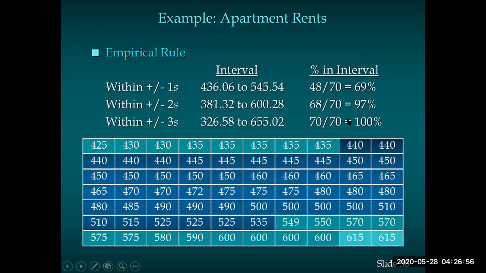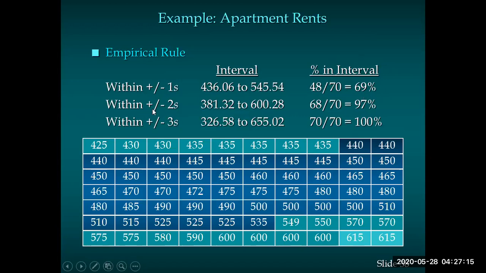On the same example, this is applied now. You can see that we had the mean and standard deviation in our case. Plus minus 1 standard deviation is 436 to 545. That contains 69% of the data values.